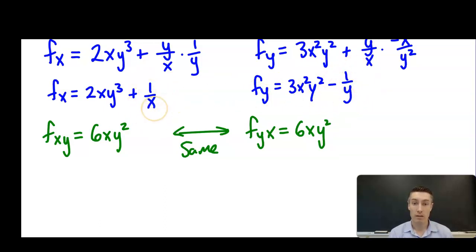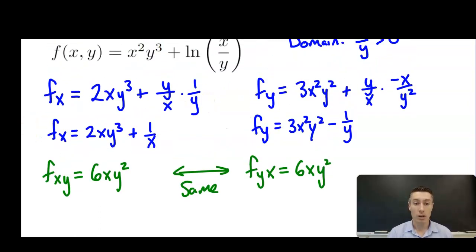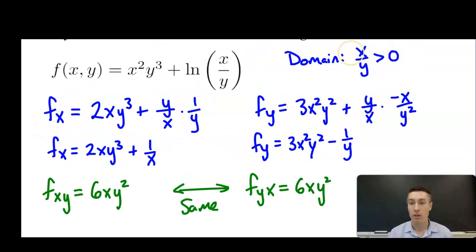Particularly 1 over x would mean that x can't be 0, and 1 over y would mean y can't be 0. So if we were going to have that continuity discussion for these, imagine these were our mixed partials, again they're not, but imagine they were, the conversation would need to be on the domain of the original function, right? Where x can't be 0, y couldn't be 0, so we wouldn't have domain issues, and we also wouldn't have continuity issues for those functions.